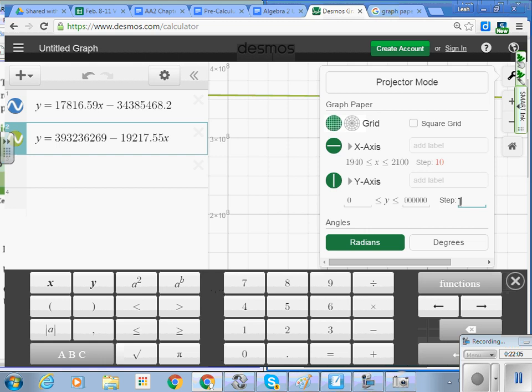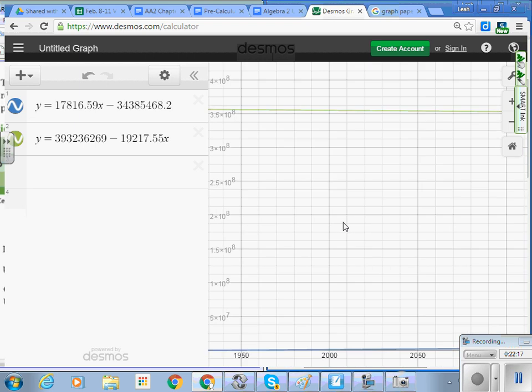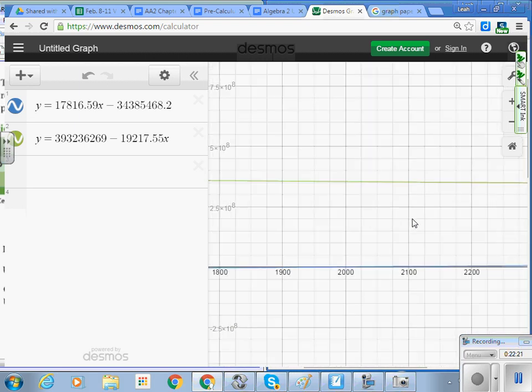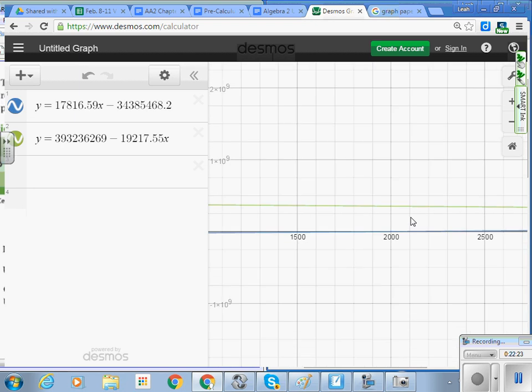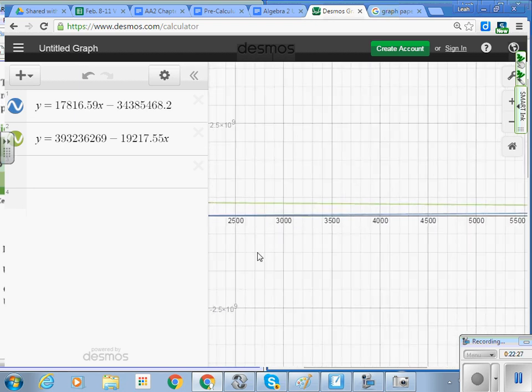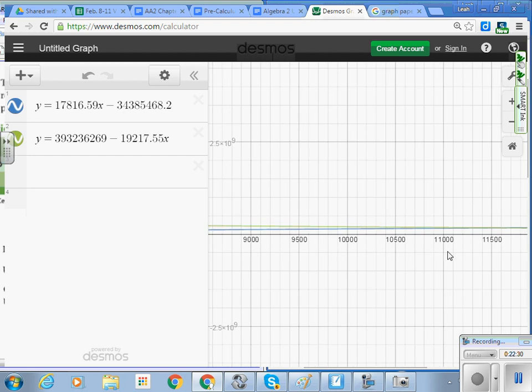And let's count by, I don't know, 5 million? 50 million? Wait, what are you counting by with the X? No. I was counting by tens, but now I'm zooming out because I'm trying to find where they cross.